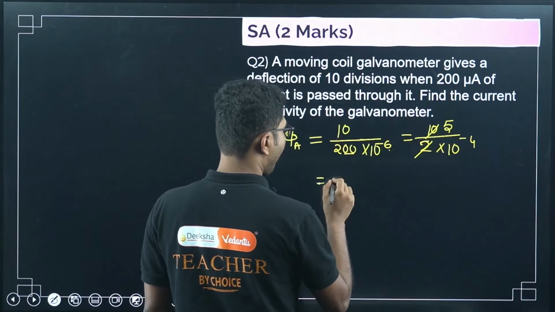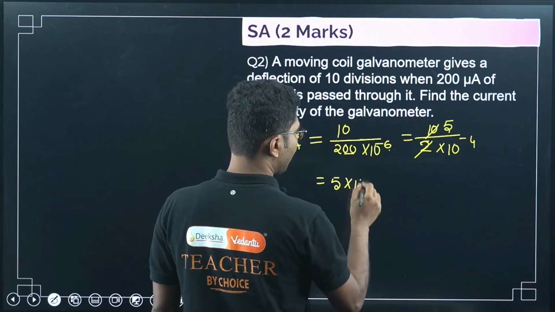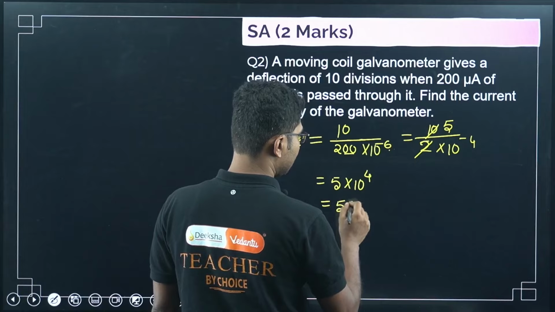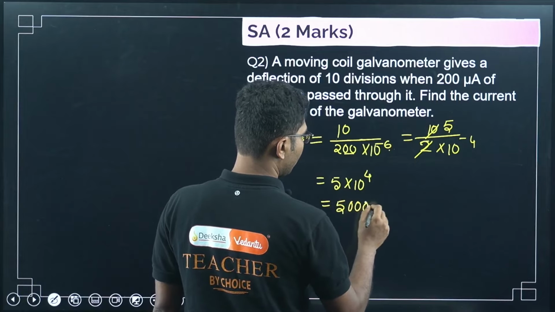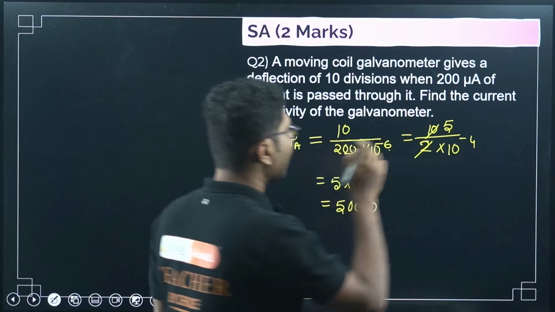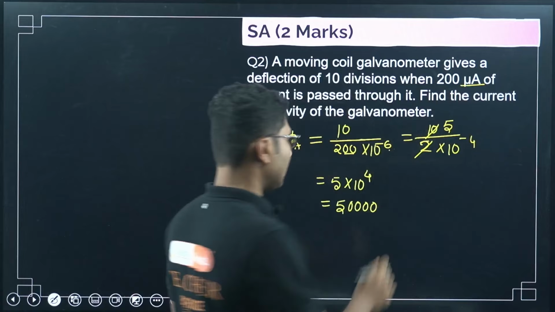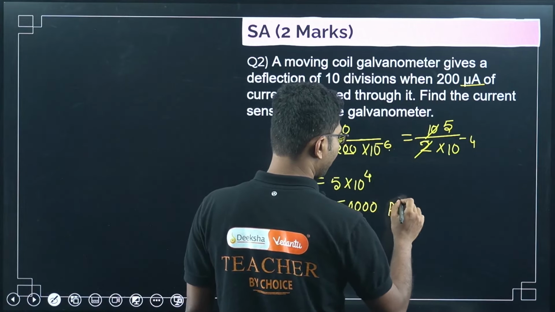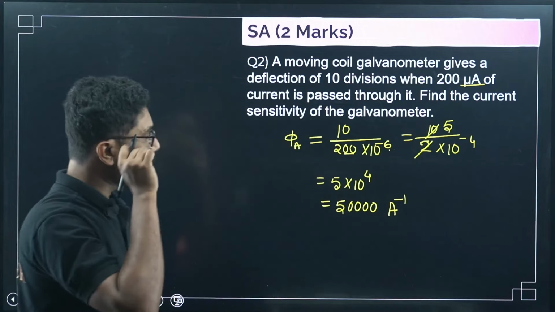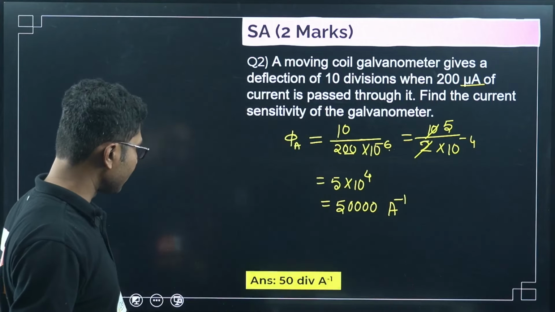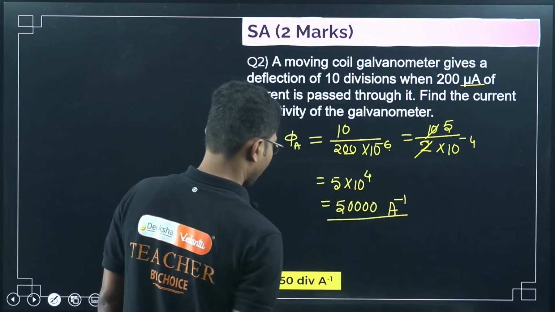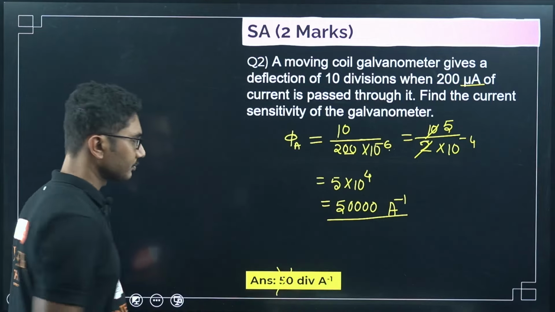So 5 times 10 to the power of 4, or you can write 5, 0, 1, 2, 3. Okay, because it's a microampere, the sensitivity is very high and its unit is ampere inverse. Okay, ampere inverse. I guess I have calculated it wrongly. So the correct answer is this. Okay, this is not the correct answer.